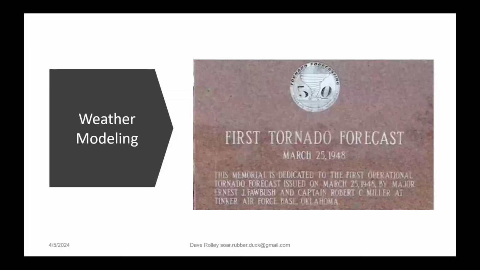The stories that you read indicate that basically they didn't sleep for a week. They were going through all kinds of empirical data, trying to come up with patterns that would allow them to identify the likelihood of a tornado.